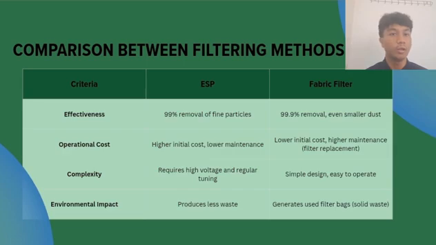In terms of complexity, ESPs need high voltage equipment while fabric filters are simpler to operate. Environmentally, electrostatic precipitators or ESPs produce less solid waste, while fabric filters generate used filter bags that must be disposed of properly.